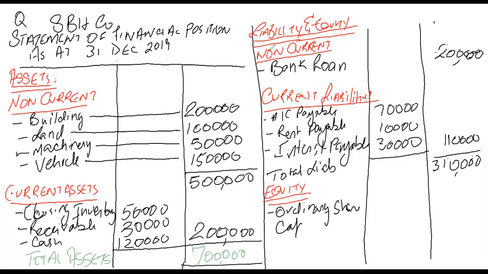We only have ordinary share capital in our equity section. The ordinary share capital is what remains: 7 lakh minus 3,10,000 will give me an answer of 3,90,000. 3,90,000 rupees is my ordinary share capital.